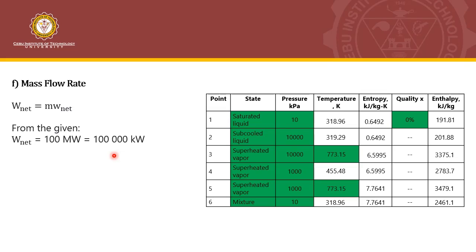So we just substitute this value and the net work that we calculated previously to obtain the mass flow rate. So the mass flow rate is 62.52 kilograms per second. It means that we need this amount of steam to operate this power plant.